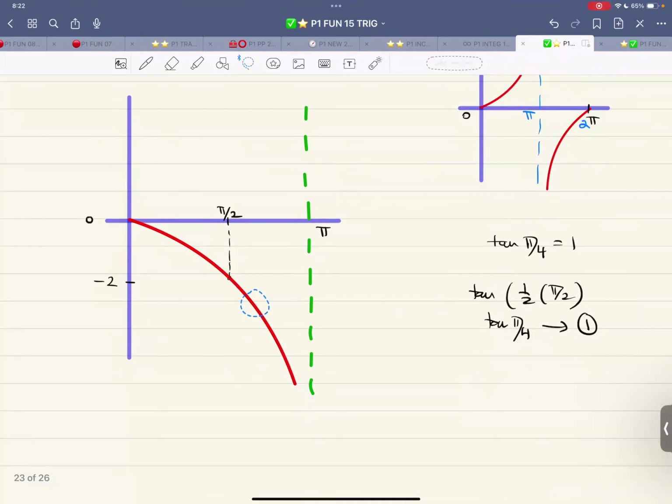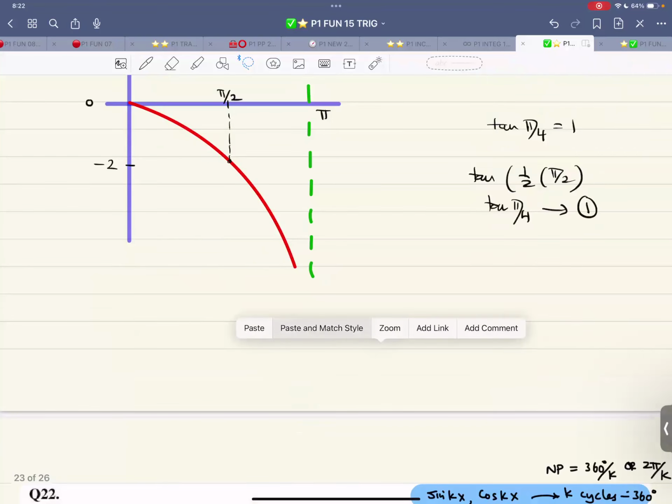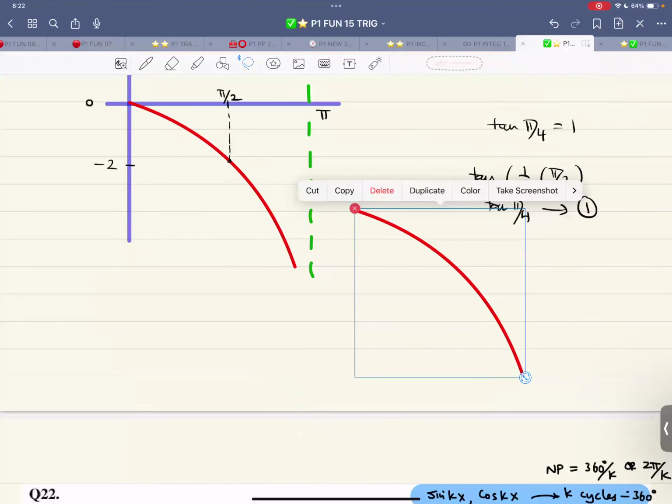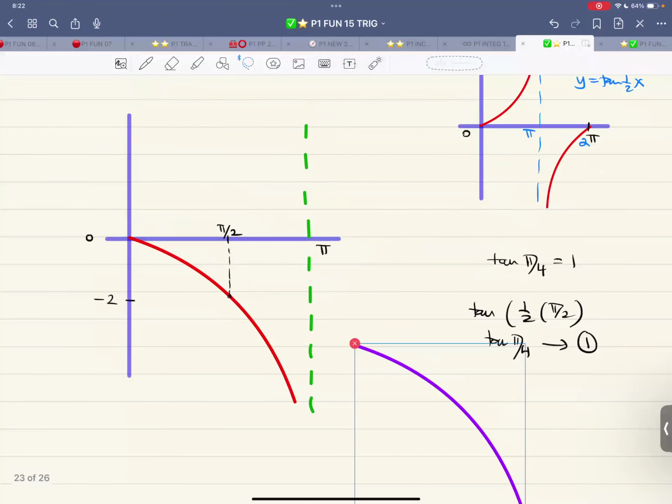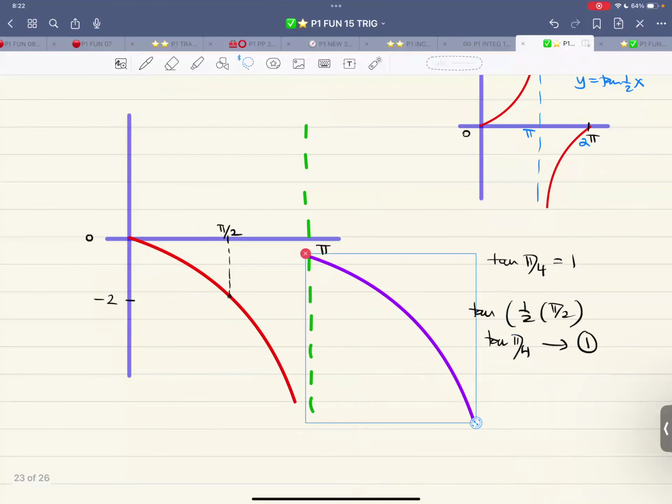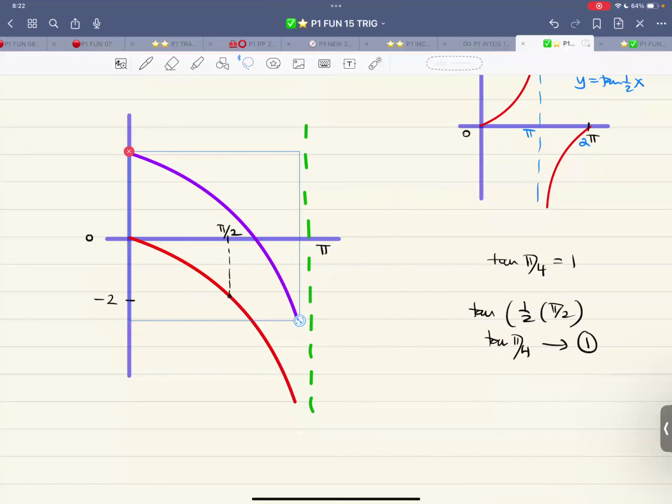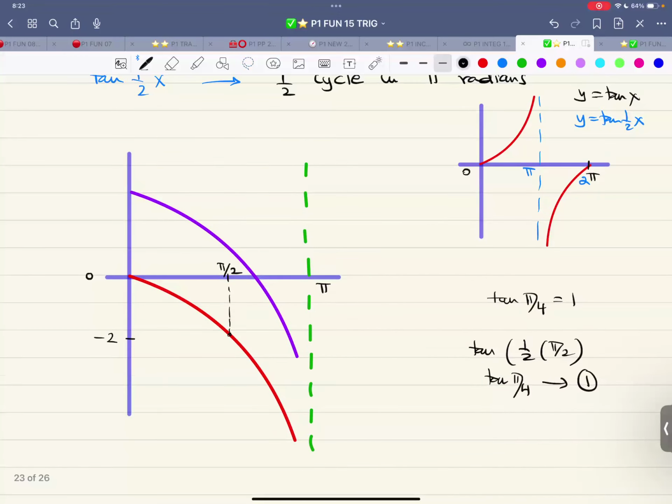So first of all, let me just copy this and paste it over here. Let me change the color to purple. And let me shift this graph up by 3 units. So like this. So therefore, the 0 value is now 3. That is the maximum value.